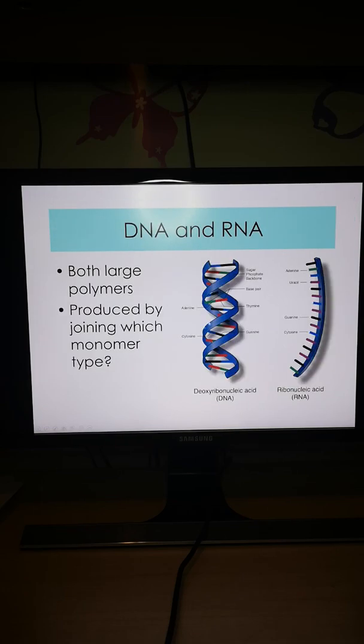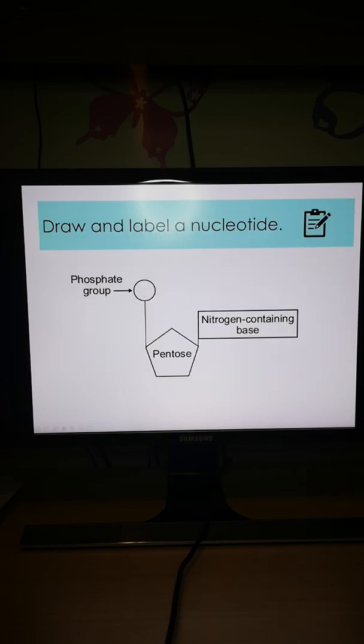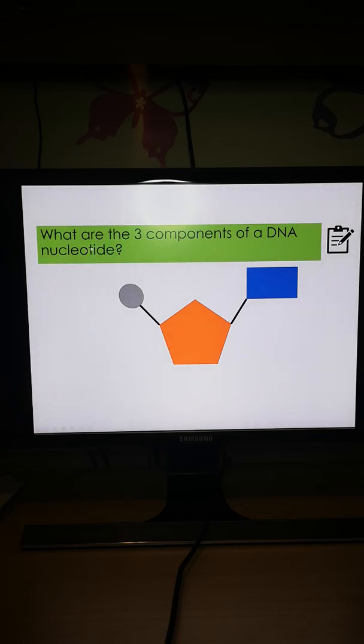Now, depending on whether you're going to build DNA or RNA, that nucleotide will be slightly different in terms of its sugar and the bases it contains. So what would be the 3 components if it was a DNA nucleotide?